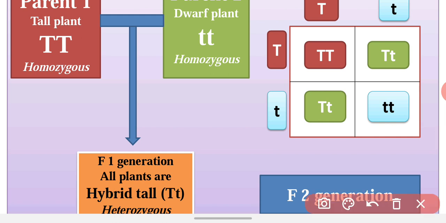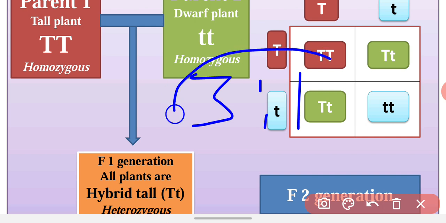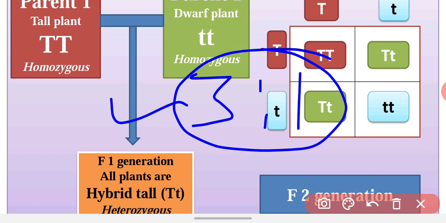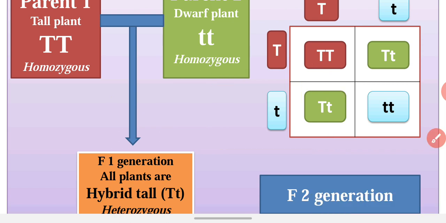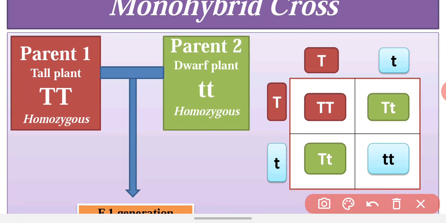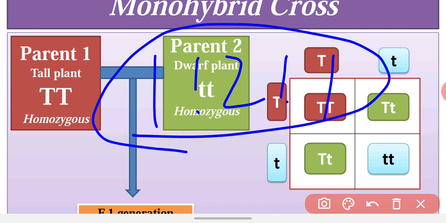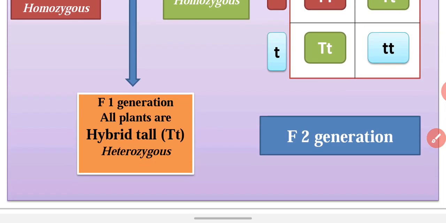What is the genotypic and phenotypic ratio in the F2 generation? 3 to 1 is the phenotypic ratio in the F2 generation, and 1 to 2 to 1 is the genotypic ratio.